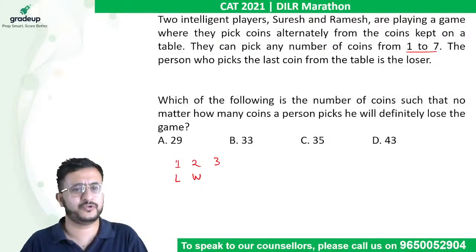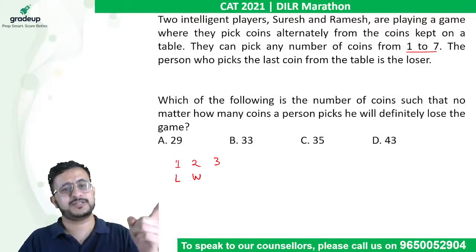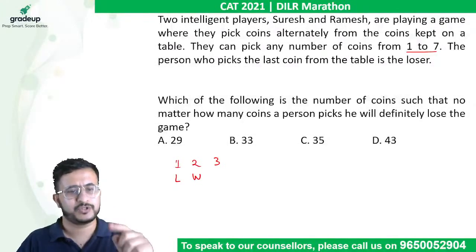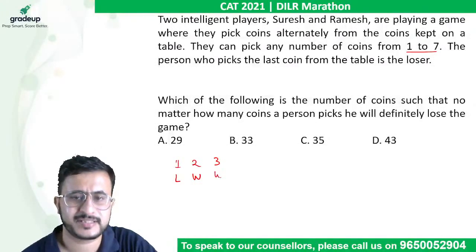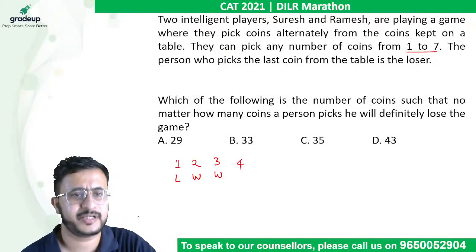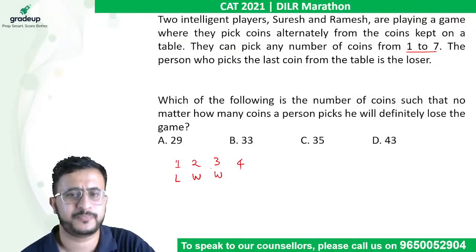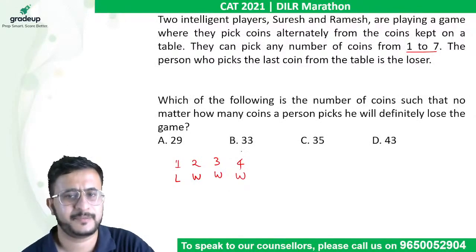I will be left with 2 coins. Now the other person knows that if there are 2 coins, that person will pick 1 coin and I'll lose. So what I'll do is I'll pick 2 coins and I'll win the game, right? Now if there are 4 coins on the table, I know that if there is 1 coin left, I'm going to win. So I'll pick 3 coins and I'll win the game, correct?